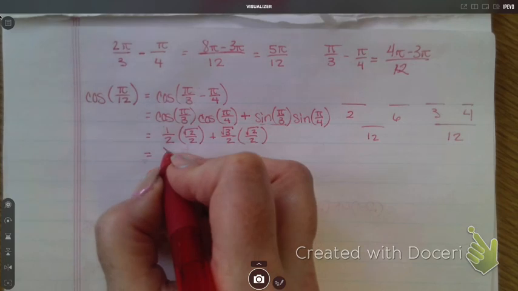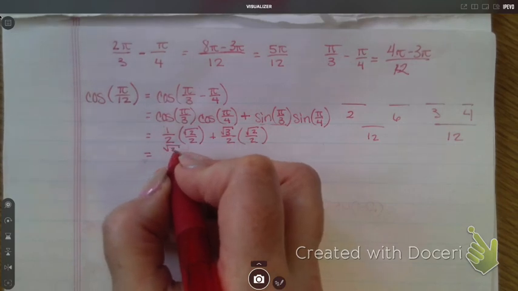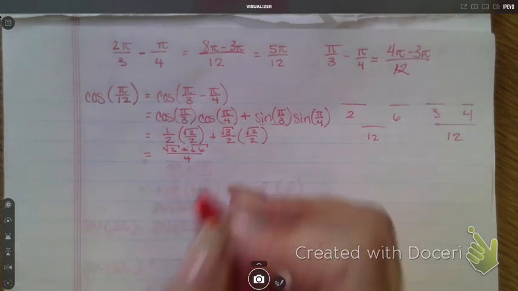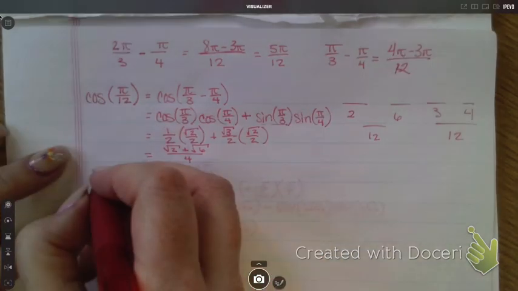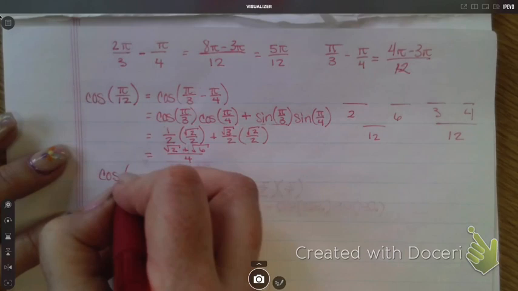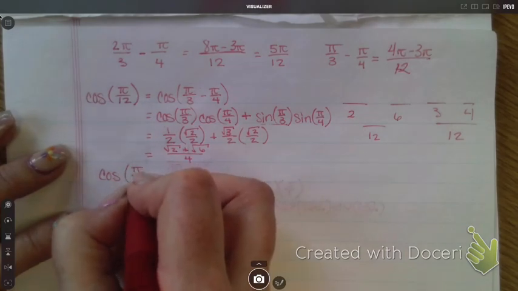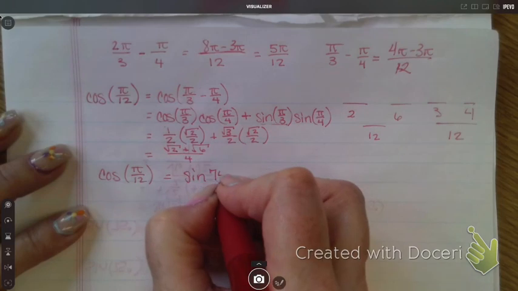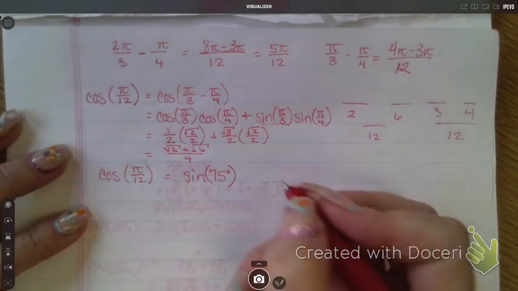So I get the square root of 2 plus the square root of 6. Seems like it's the same every time. But why is the cosine of pi over 12 equal to the sine of 75? Because they're complementary angles.